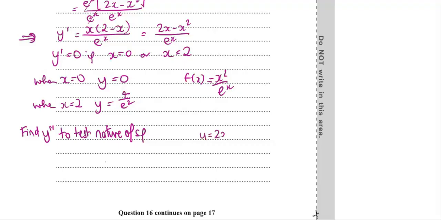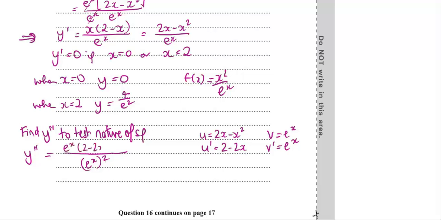In this case, u equals 2x minus x squared. u dash equals 2 minus 2x. v equals e to the x, which means that v dash is also e to the x. So y double dash equals v squared on the bottom, which is e to the x squared, v times du dx minus u times dv dx.